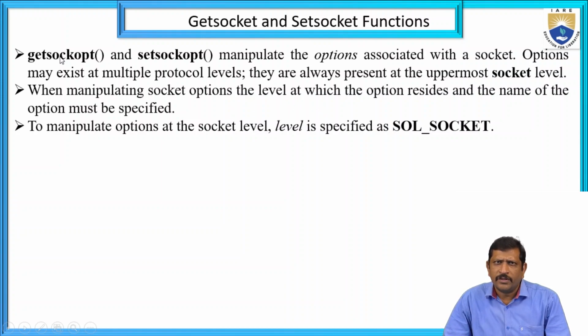Getsocket and Setsocket options are present at the uppermost socket level. Whenever we manipulate these options, the level at which the option resides and the name of the option must be specified.